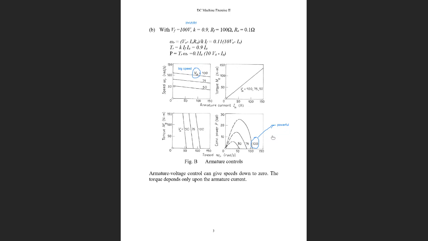This tutorial tried showing you in practice how to use the control strategies to achieve your motor control. So you can control the motor's torque, you can control the motor's speed, you can control the motor's power by doing some combinations or some calibrations between the terminal voltage and the field voltage.